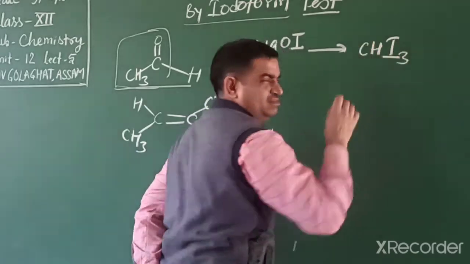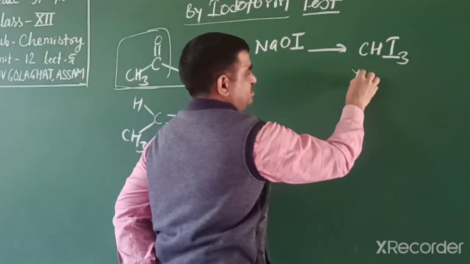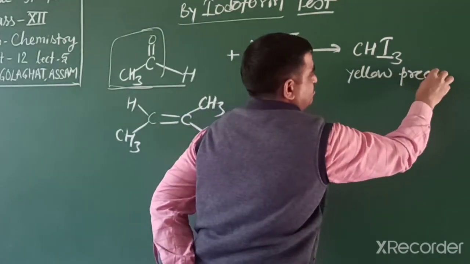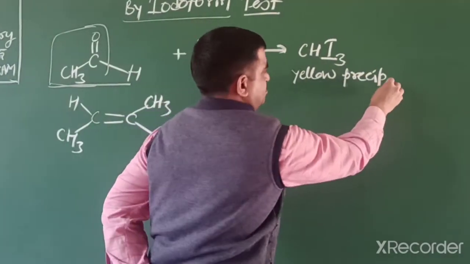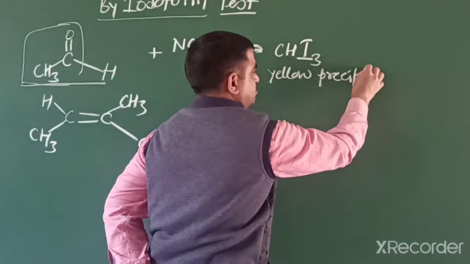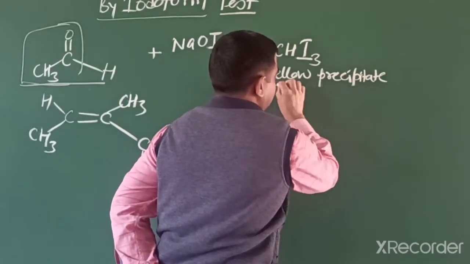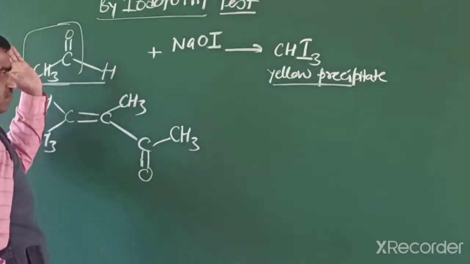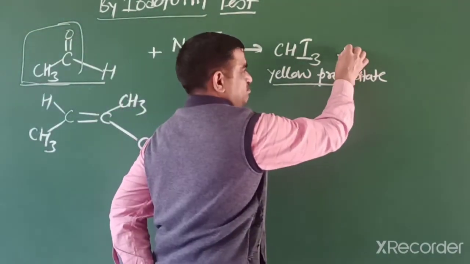We get in this reaction CHI3 as a yellow precipitate. So it can easily be distinguished, and the rest of the compound converts into a sodium salt.